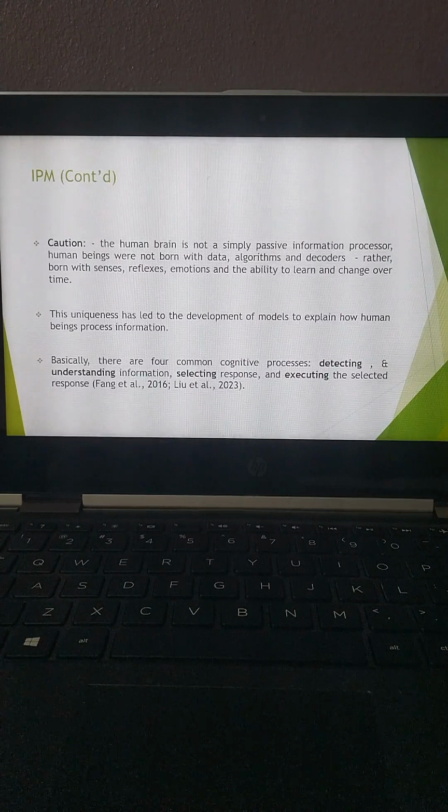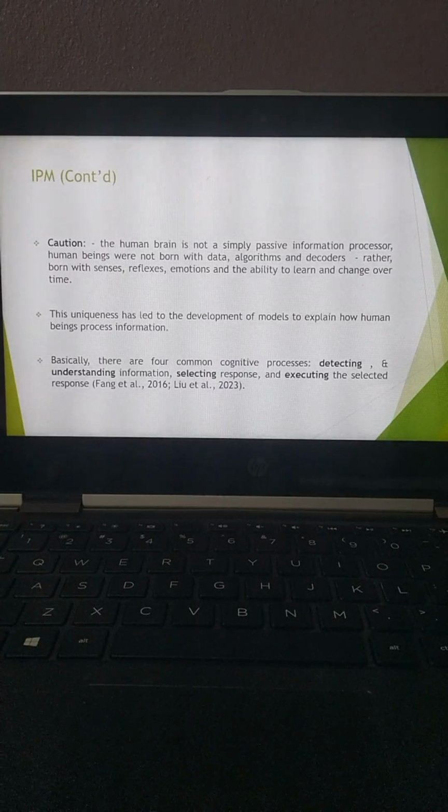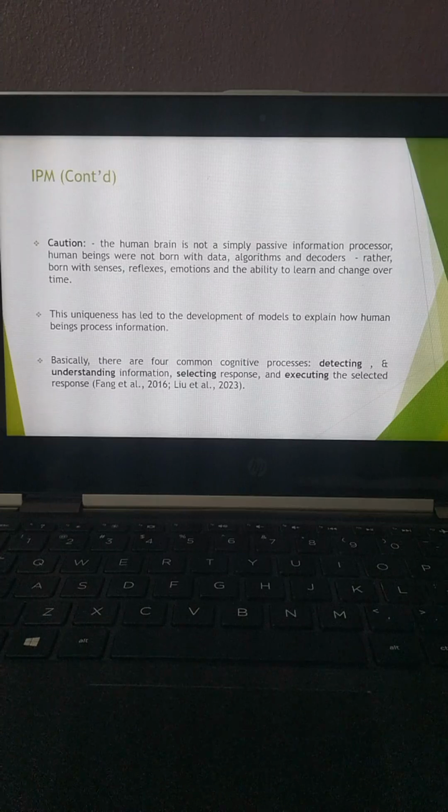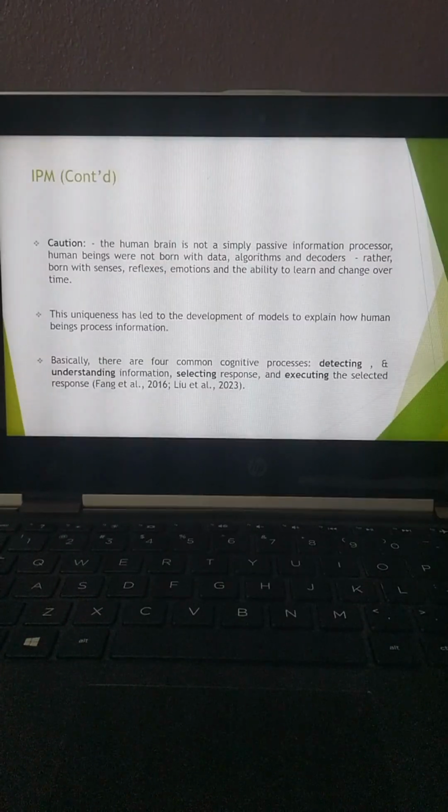This particular statement means that we are not born with information at all. We are not born with algorithms. We were not born to understand math. We were not even born with the English language. Rather, we were born with our senses, our reflexes, our emotions, and our ability to learn and change over time.